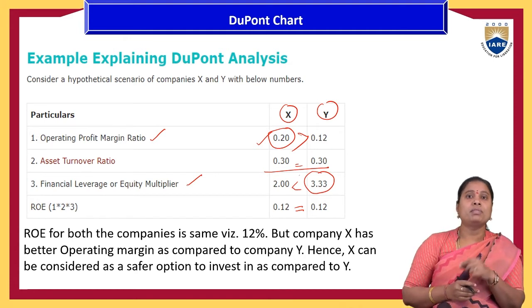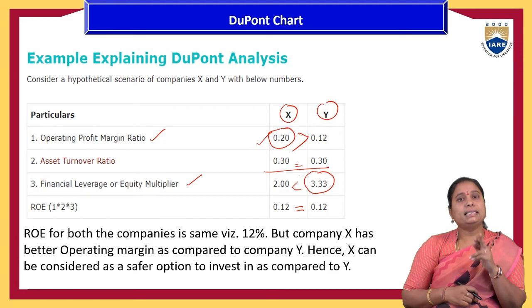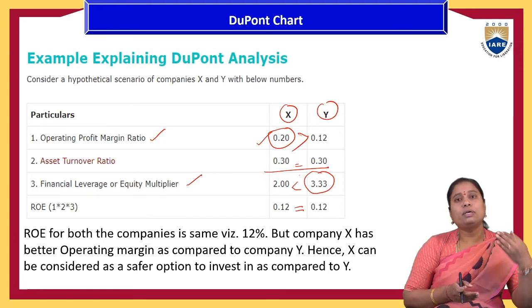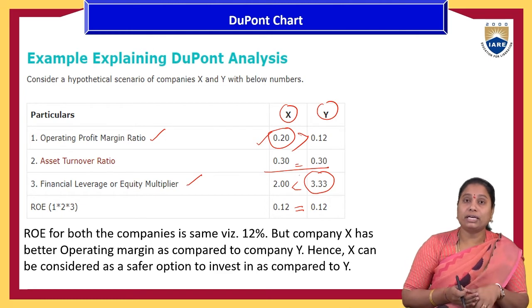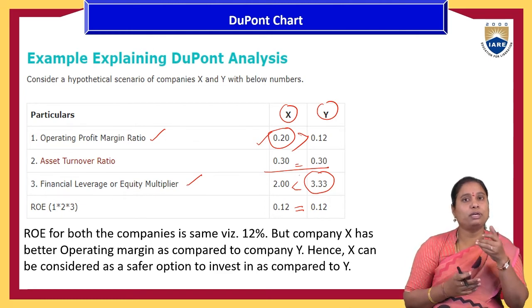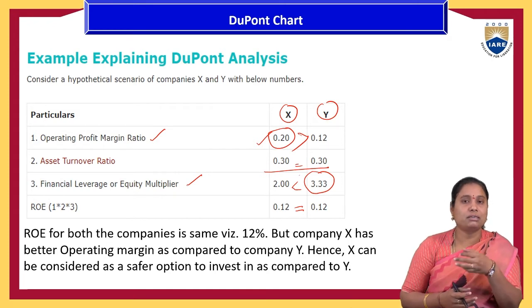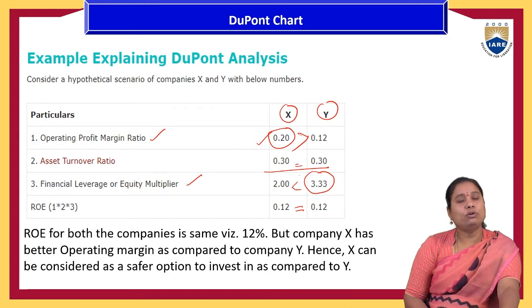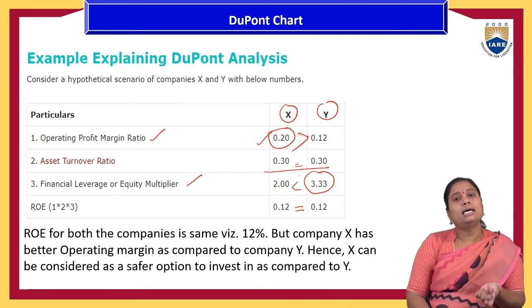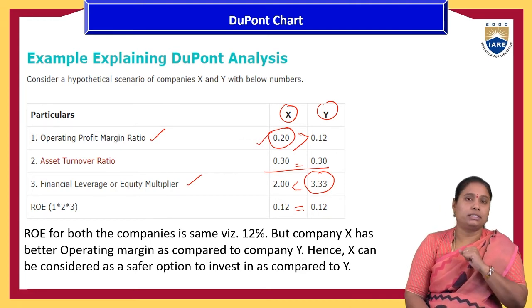Separately we have done that. Now, by combining these three elements, in one company, operationally it may be good but may not be good at financial leverage. The other company may be good at financial leverage, but may not be good at operational leverage. For example, X company, Coca-Cola, is good at selling more goods than purchasing assets.